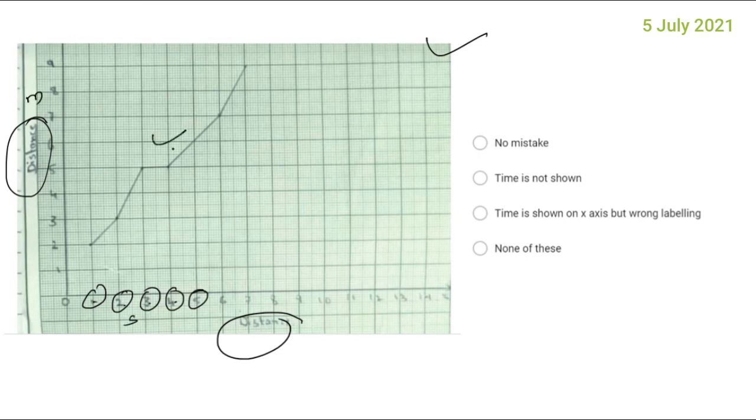His graph has come correct, but he has lost marks because of not having proper labeling on both the axes. But here the option is time is shown on x-axis, but the labeling is wrong, right? So please calculate your own score. You must have already got it, because that was the Google form which was given as vacation homework.